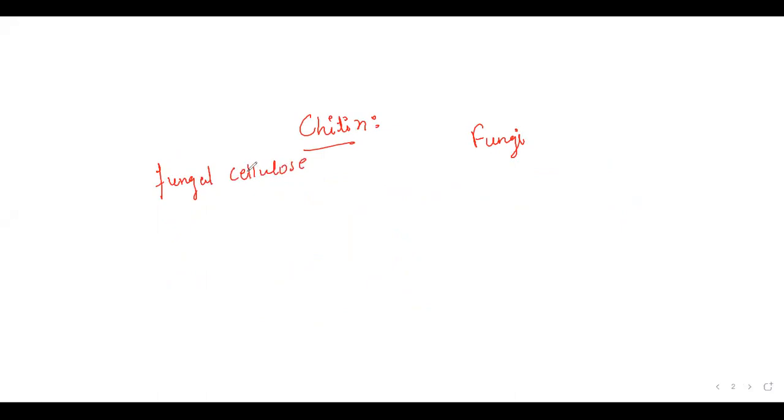This is the second most abundant organic molecule found on the earth, and it is a structural carbohydrate of cell walls of fungus, and it also forms the exoskeleton of arthropods. Exo means the external skeleton of arthropods.